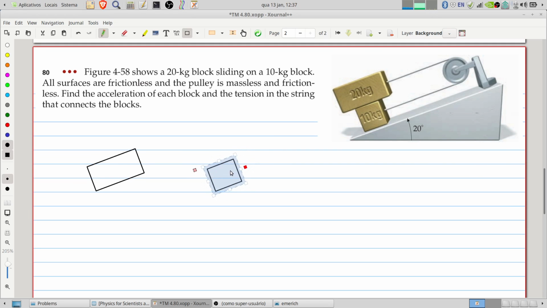Let's also draw our reference, inclined 20 degrees as the surface, of course.